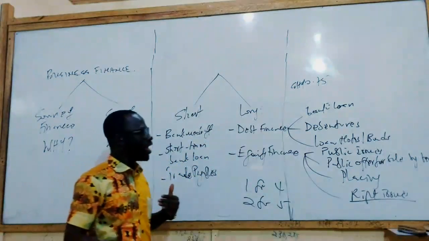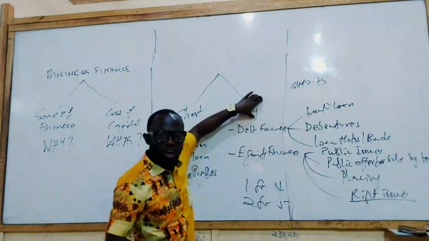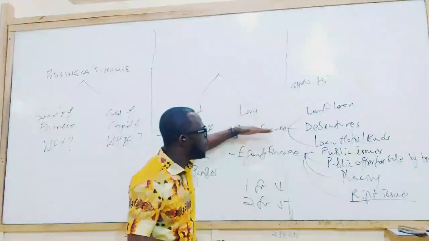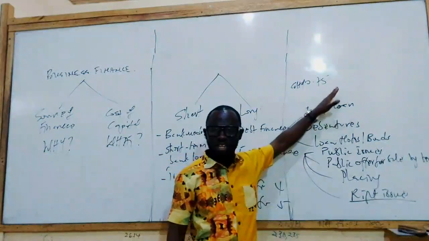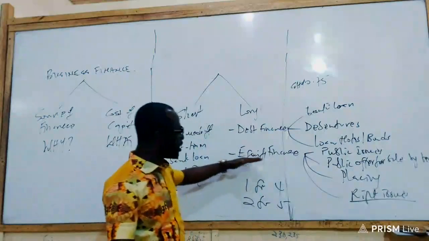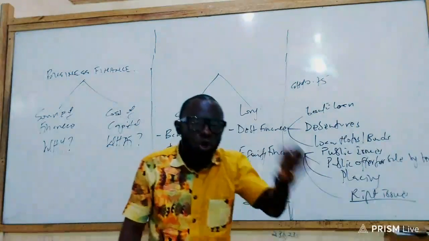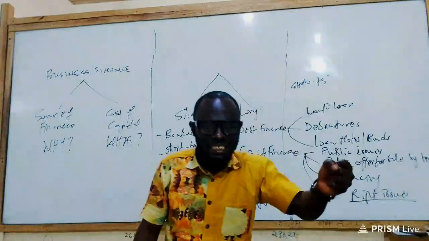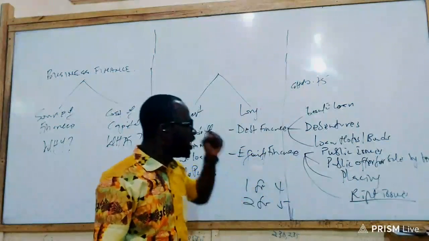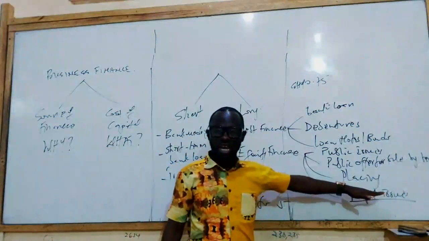What are we saying here? If we are going to go for a long-term source of finance and we don't want to use debt finance or loan stocks, we can decide to use equity finance. And if the company is quoted, listed on the stock exchange, then there are 4 options available for it.